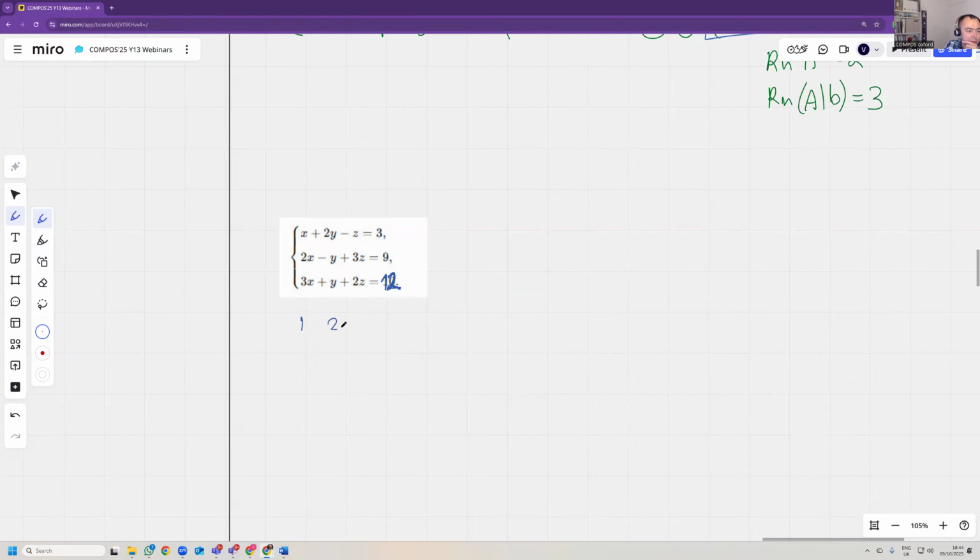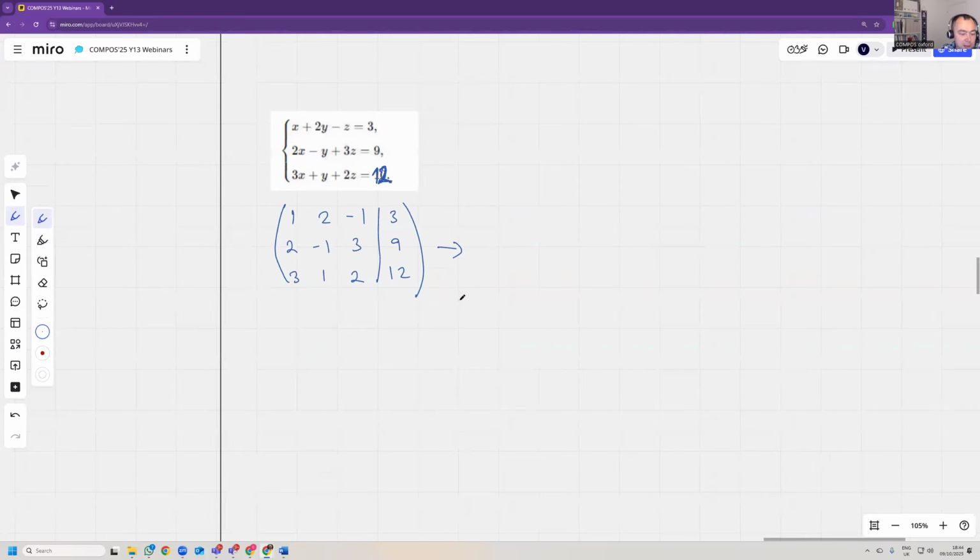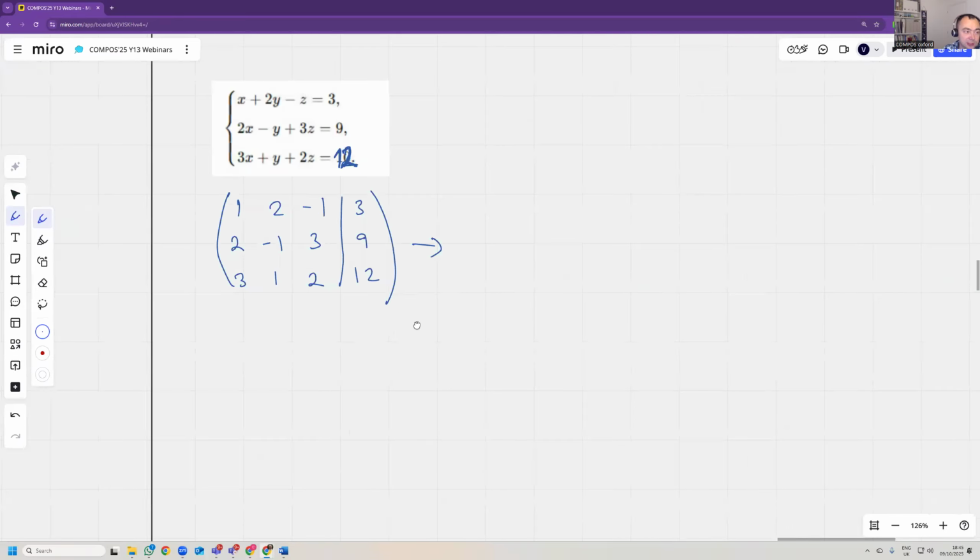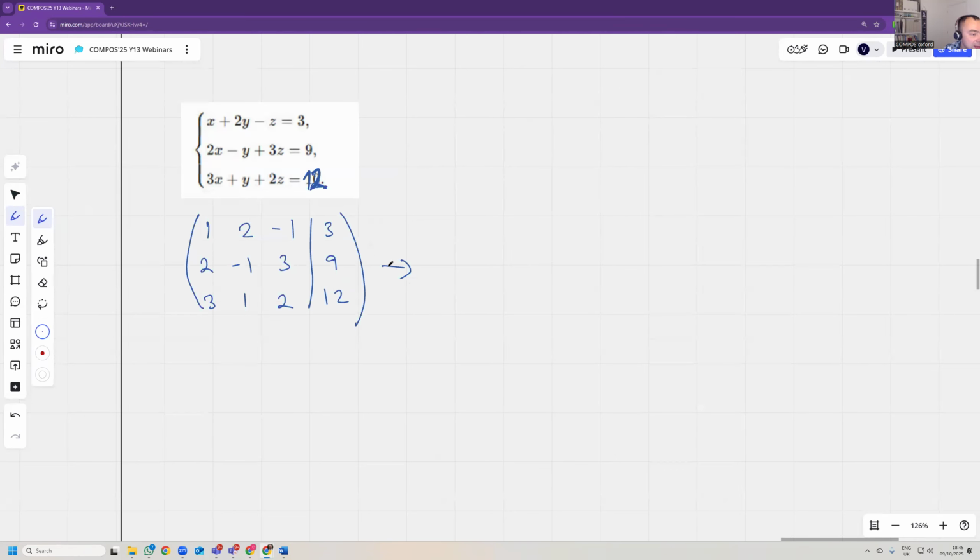Okay, so 1, 2, minus 1 slash 3, 2, minus 1, 3, 9, 3, 1, 2. So this is still a singular matrix, which means that the inverse doesn't exist. So we can't use the Gauss-Jordan method, for example.